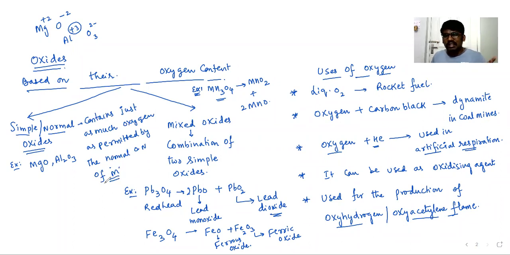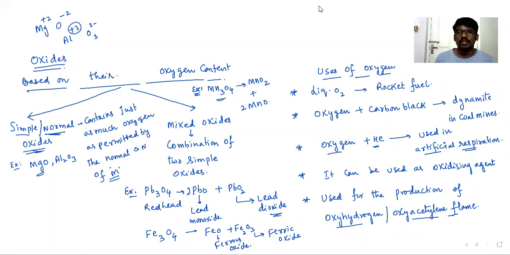The central atom here in this case is Mg. In the second case it is Al2O3, where Al is the central atom. As per the requirement of the oxidation number of the metal or central atom, that many oxygens only will be permitted for that compound. Such types of oxides are said to be simple or normal oxides. So based on the oxygen content, we can classify them majorly into simple or normal oxides and mixed oxides.